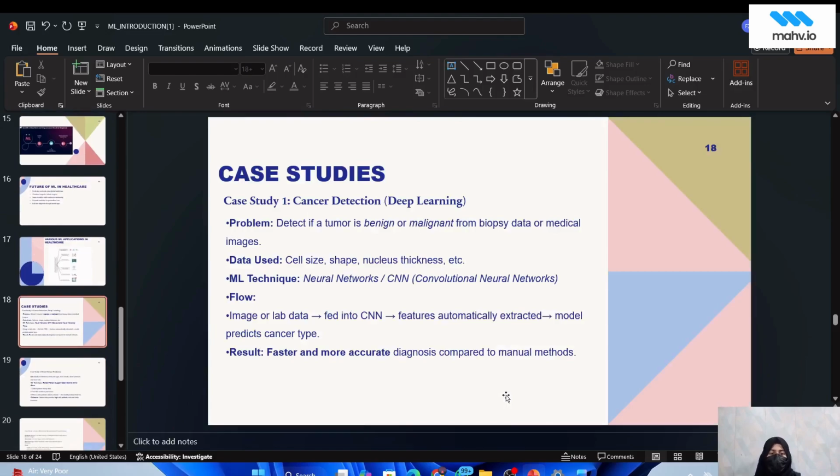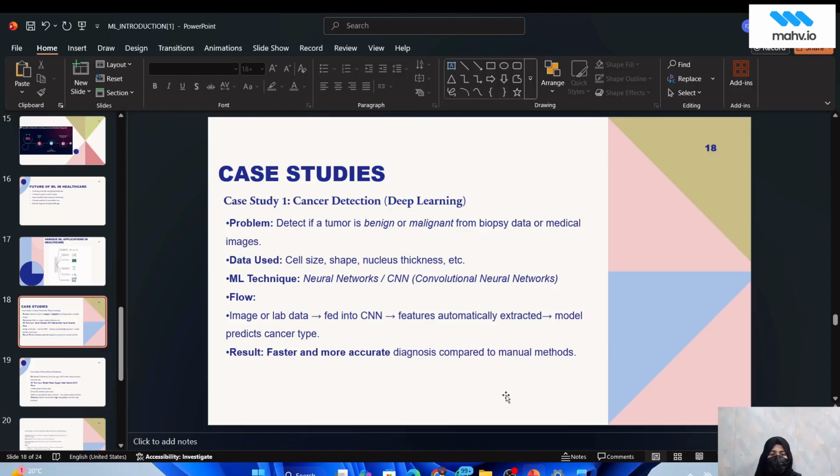So now we will discuss some case studies here about the introduction of ML. For example, a case study on cancer detection. In cancer detection, the problem is to detect if a tumor is benign or malignant from biopsy data or medical images. The data used is cell size, shape, nucleus thickness. So you feed that data to your model. And which technique have you used?